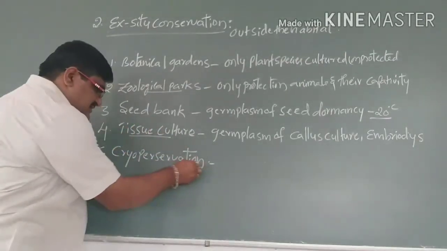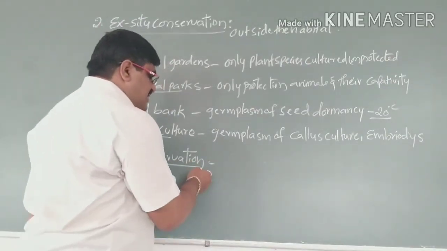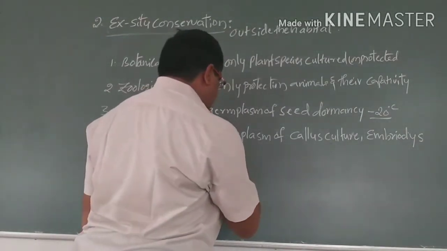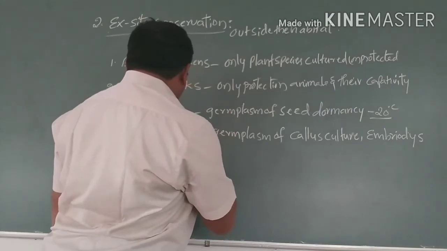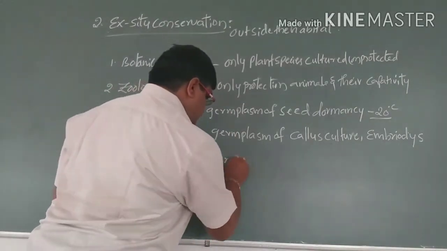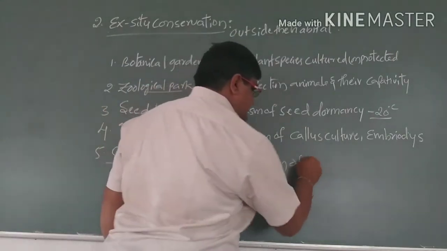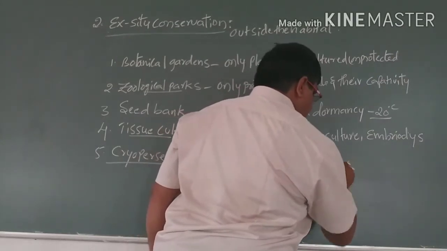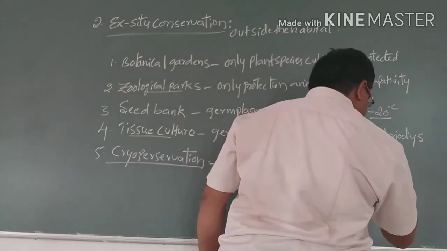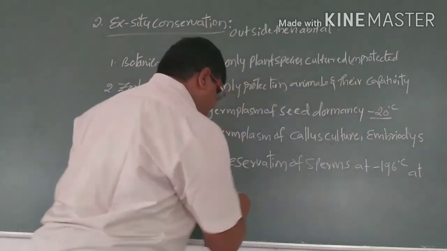Next, the last one is cryopreservation. Cryopreservation means the preservation of germ cells, that is, the preservation of sperms at minus 196 degrees centigrade in liquid nitrogen.